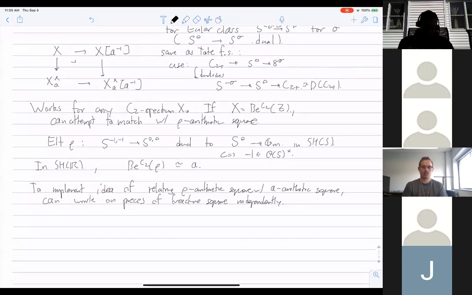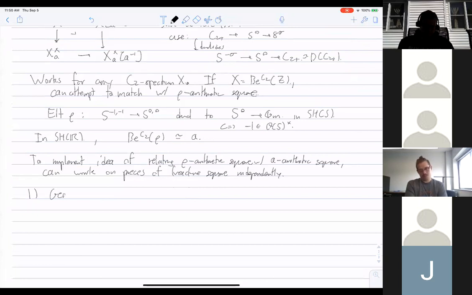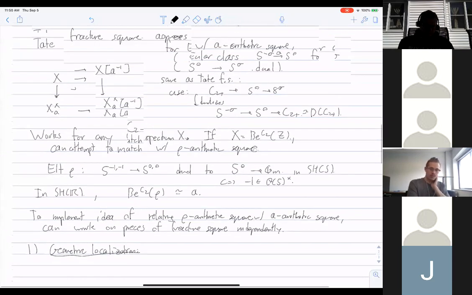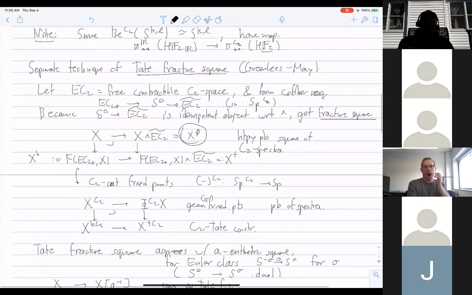So let's do that. The first thing I can tackle is the so-called geometric part. So the geometric localization, that's just thinking about that upper right-hand corner, X upper phi, I've circled it.